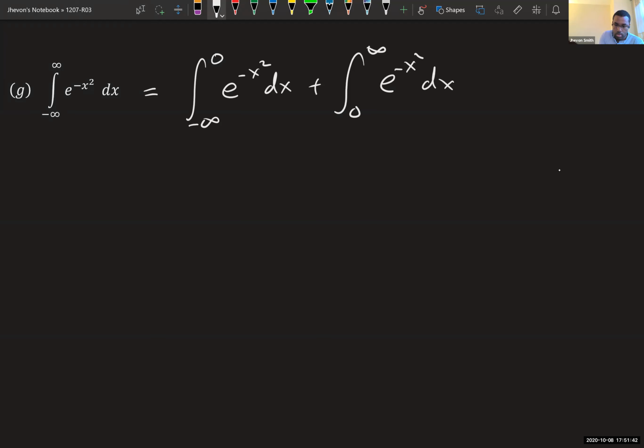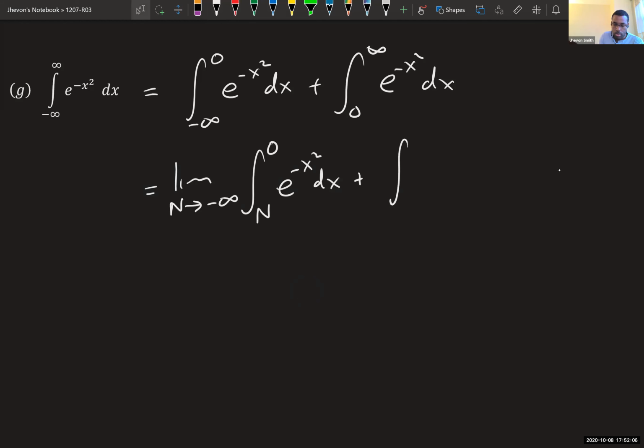So then the limits would look like limit from negative infinity from the left, and then the limit of n to infinity. So this is e to the minus x squared dx plus the integral from 0 to, let's write down the limit. Let's use n.